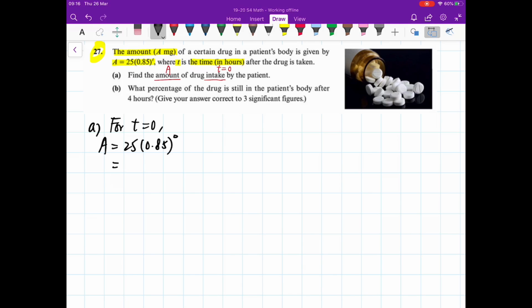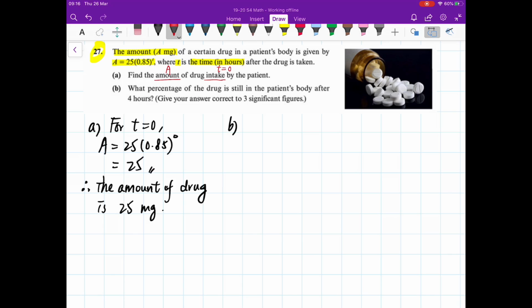For any number, the power of 0 becomes 1. Then the final answer will be 25. So the amount of drug is 25, and don't forget the unit, mg.